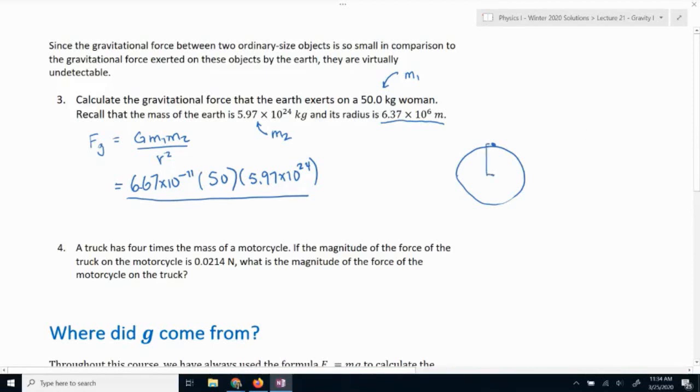Of course, this isn't drawn to scale though. The woman is way tinier than the Earth. So the radius is really just the radius of the Earth, because the woman's size, her volume, is really, really small compared to the radius of the Earth. So we can just ignore it. So the R value we're using in this equation is just the radius of the Earth.